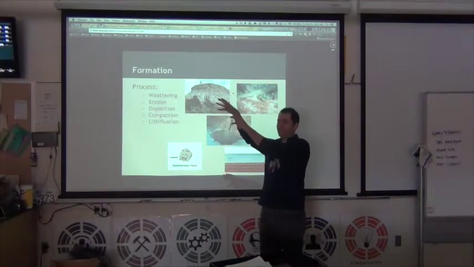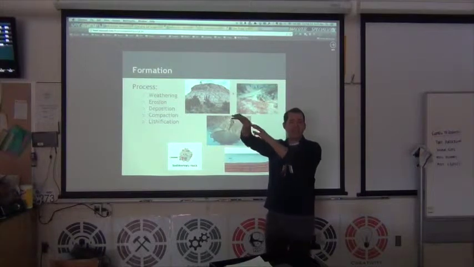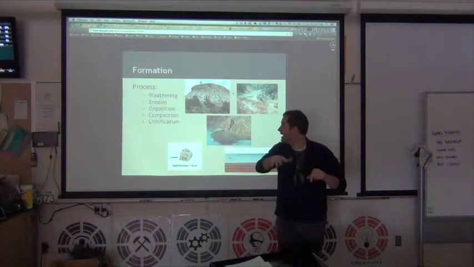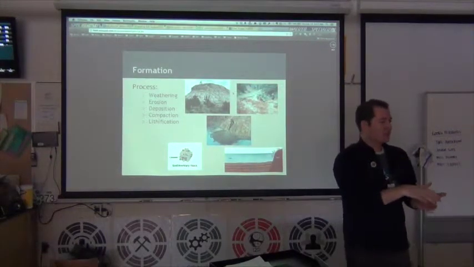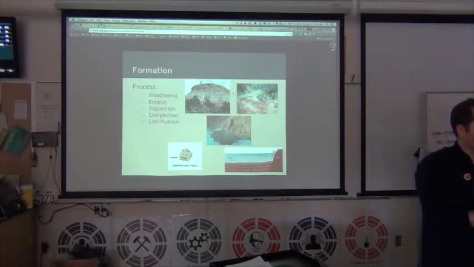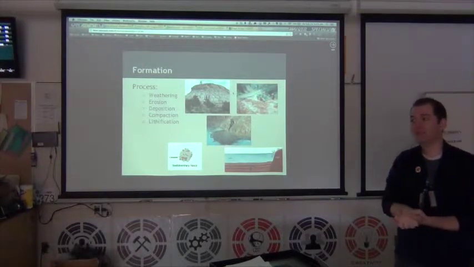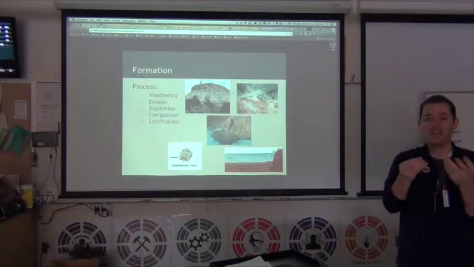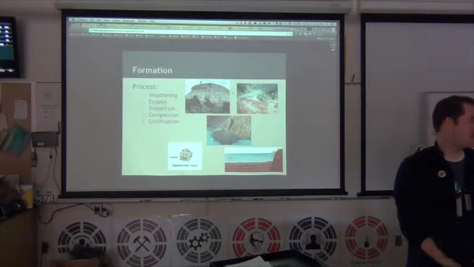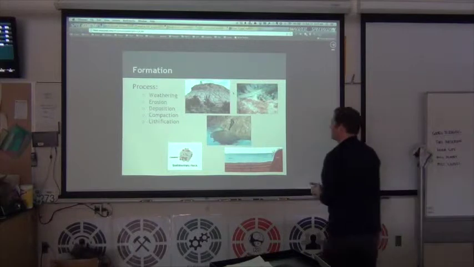So we've taken this rock, we've broken it apart, and then we've moved it somewhere else. And now we're going to deposition, or we're going to deposit it somewhere else. Deposition is where we have moved the rock and then we stop moving it and it falls down. Sedimentary rocks have a lot of layers.